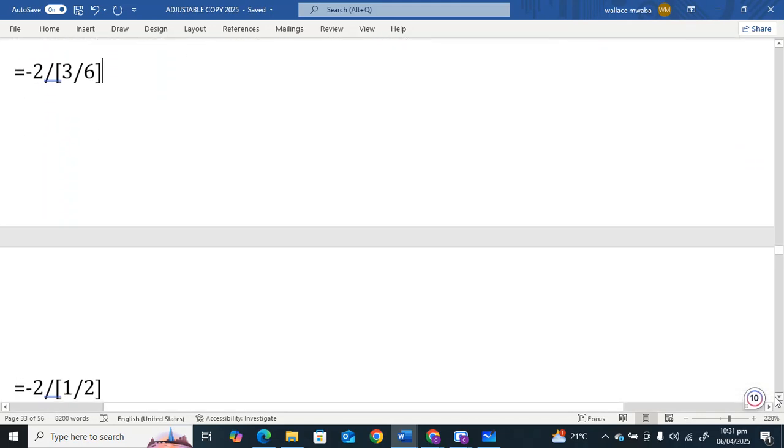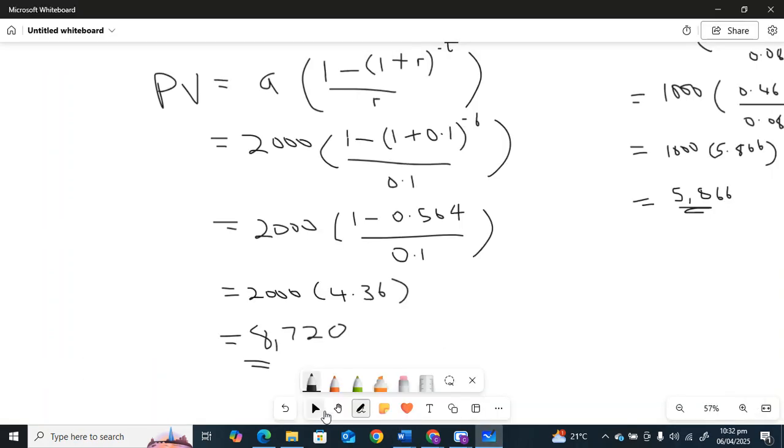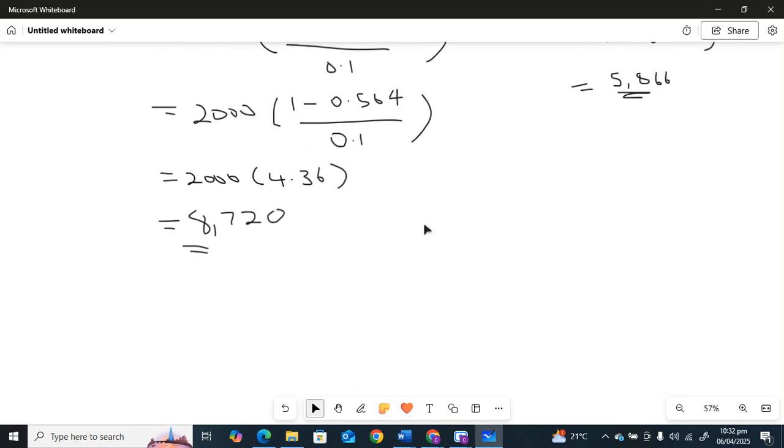we can still leave it as a fraction. 3 divided by 3, 1. 3 divided by 6, so you have a 1 over 2. Or maybe let me use the board so that people should follow along. So we have a negative 2 here over 1 over 2.